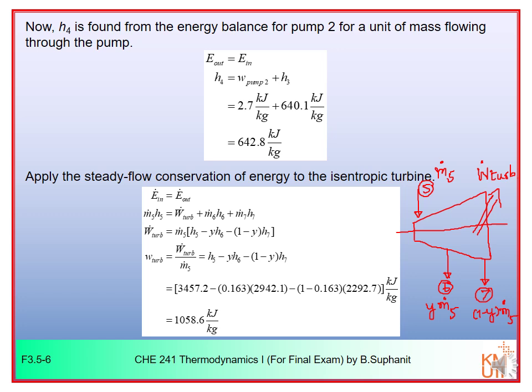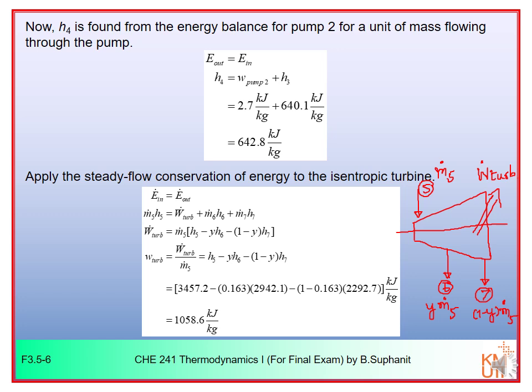Now to write the energy balance here, you have to write it in the rate form, which means the heat rate or the power rate. So energy in would be M5 H5, equal to energy out, that would be W dot turbine plus M6 H6 plus M7 H7.